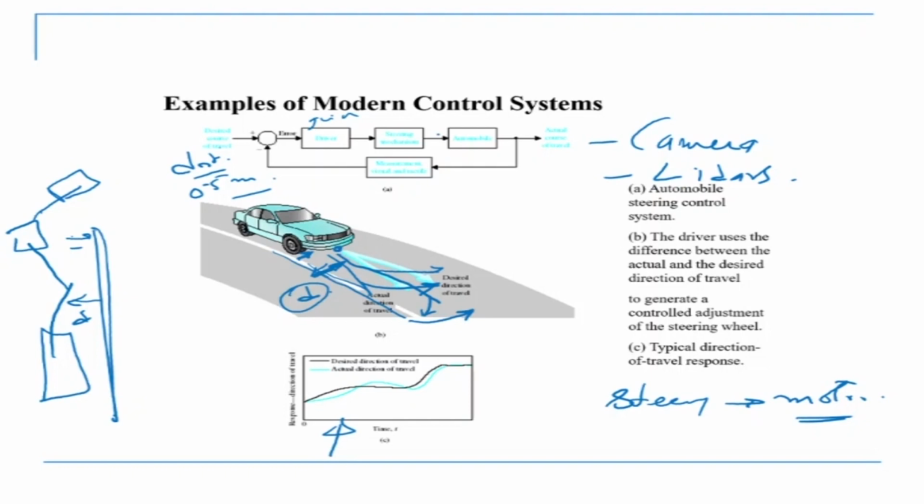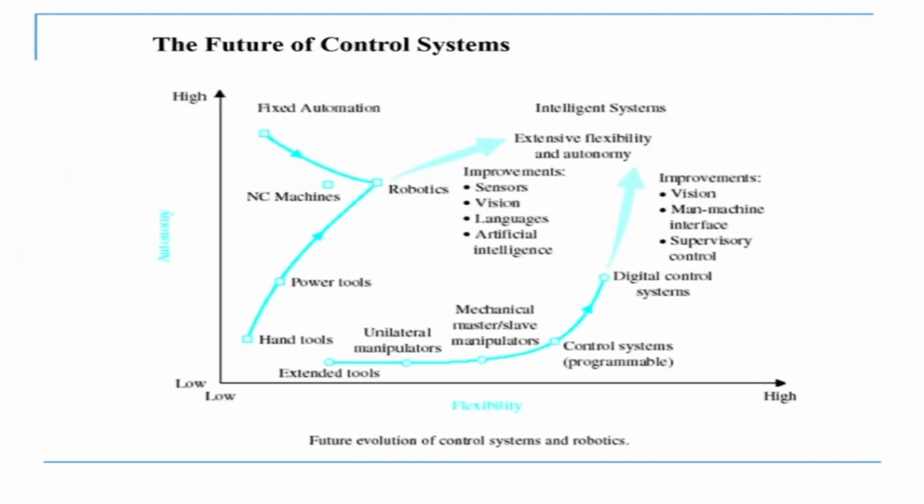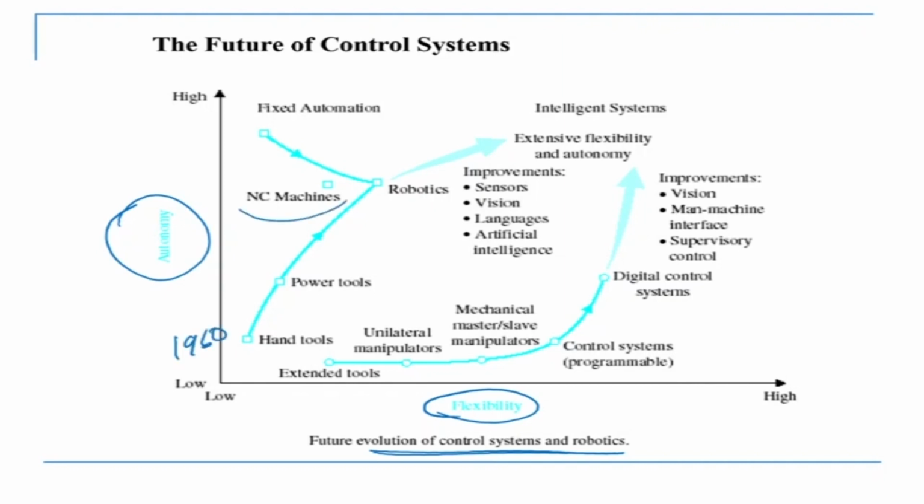Now, in terms of research, over the years the evolution of control systems and robotics has been, on one side, autonomy, which is very, very high, and on the other side, flexibility. About the 1960s we had NC machines and fixed automation, which have a lot of autonomy but are not flexible. That means you cannot keep changing their program and making them do different things.